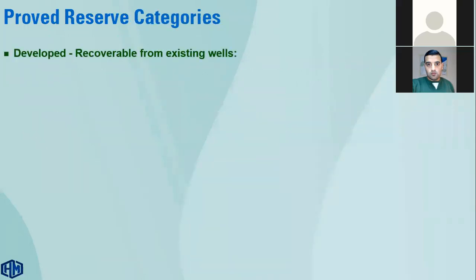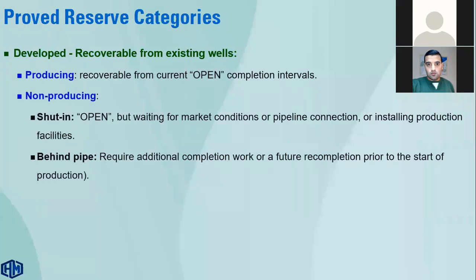The categories of proved reserve. Developed, which means recoverable from existing wells, has two classifications. Developed producing means it's recoverable from the current open completion intervals.